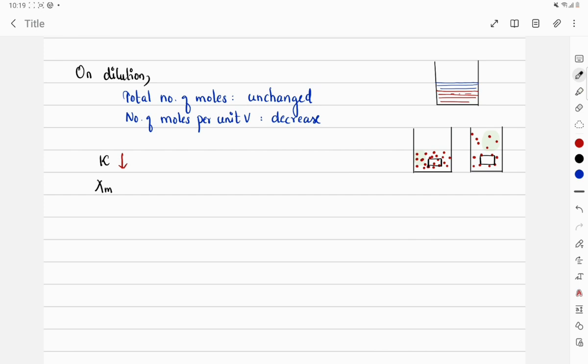So even though the number of ions per unit volume decreases, that will not affect your lambda m value, because lambda m is the conductivity produced by 1 mole of ions. Now your 1 mole of ions is occupying large space, hence they have higher mobility. Higher mobility means there is a high chance for conduction, and therefore lambda m value increases due to increase in mobility.